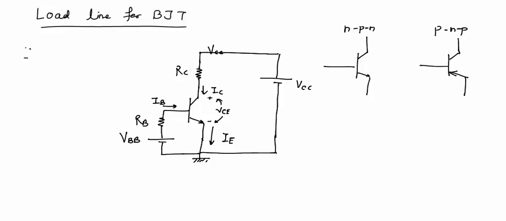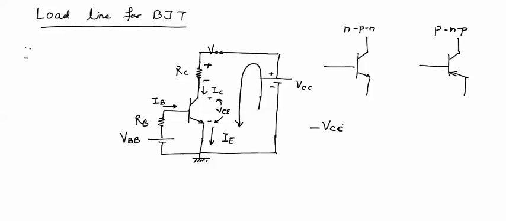Now if we apply KVL in this collector emitter loop from ground to ground, first we will mark all the polarities. IC is flowing downward, so the polarity of voltage across RC will be like this. VC polarity already marked. Now we will apply KVL in collector emitter loop.